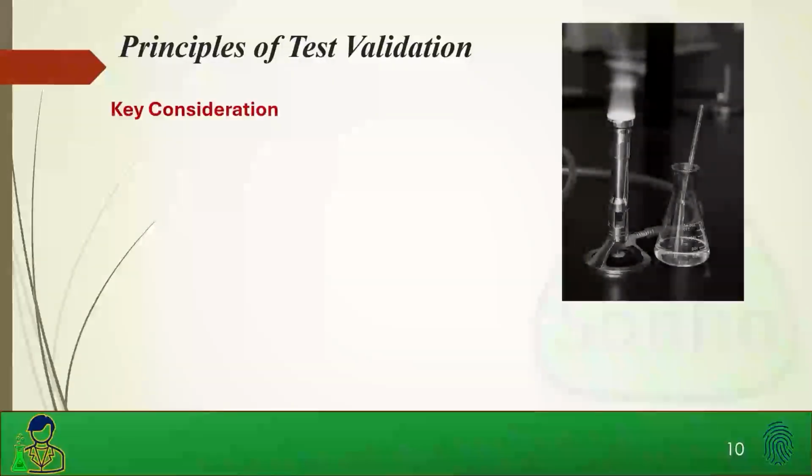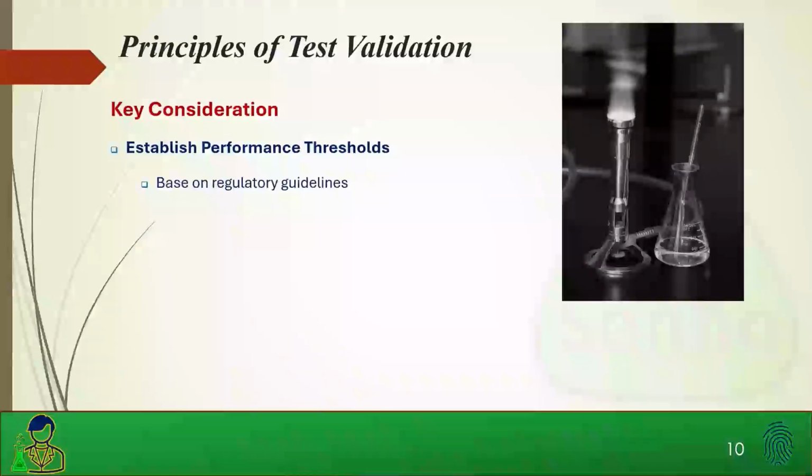So some key considerations. Establish performance thresholds. It is often based on regulatory guidelines, but you should consider clinical relevance. So not everything has a regulatory guideline. So you should be basing your thresholds on clinical relevance.